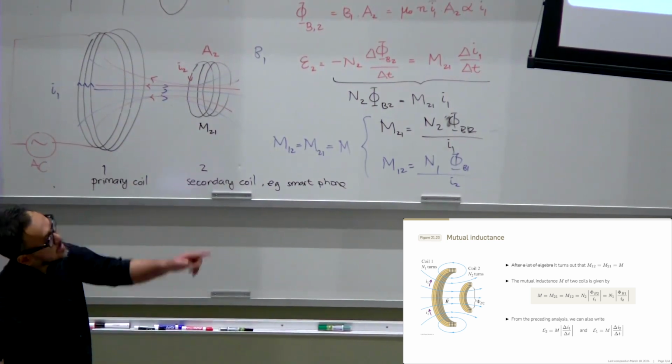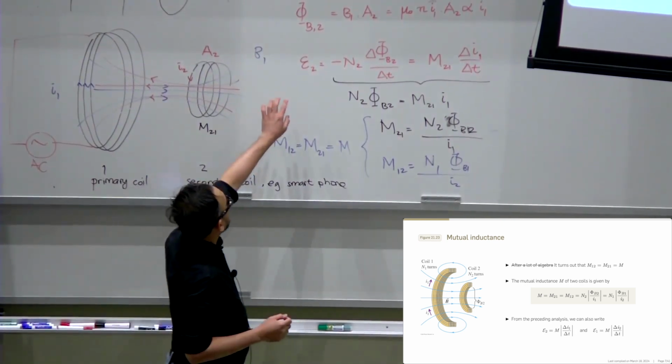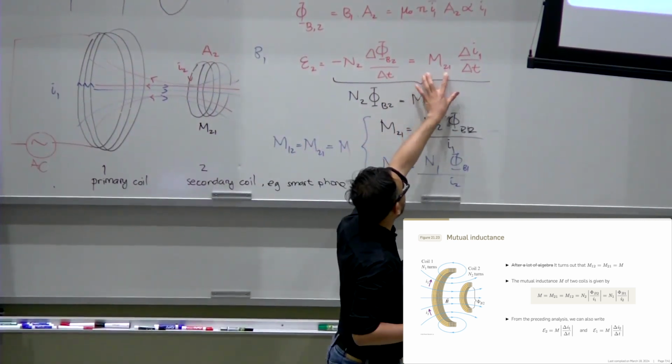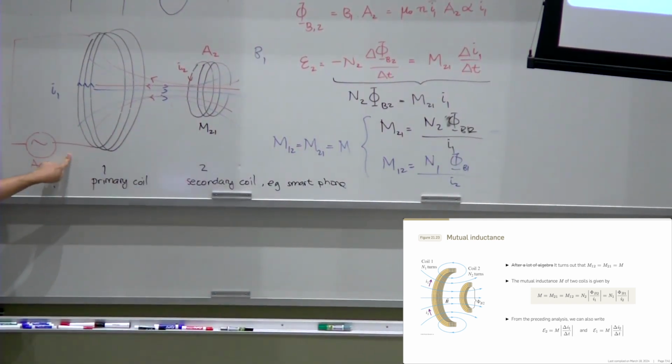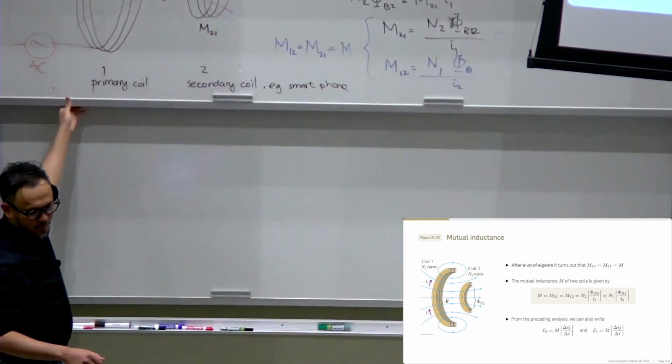But basically, as on that slide, the EMF is a function of the mutual inductance times the change of the current that you put in from the outlet. That's basically what I want you to know.